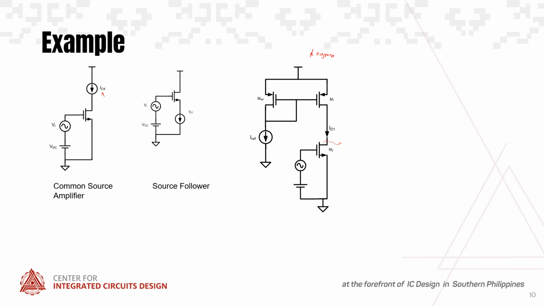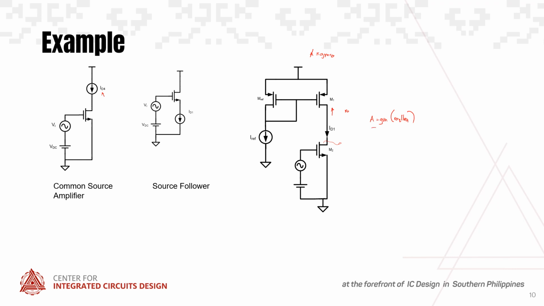Since this RO1, if we look at the impedance looking into this drain, we have RO1, and the total resistance looking into this branch is RO2 parallel RO1. So the equivalent gain in this common source amplifier would be gm times RO2 parallel RO1.